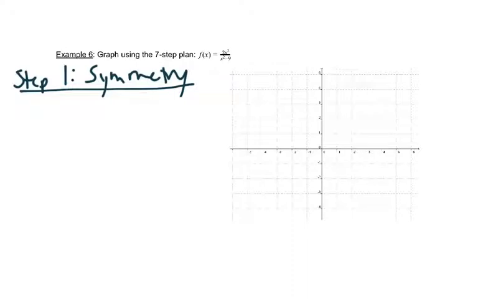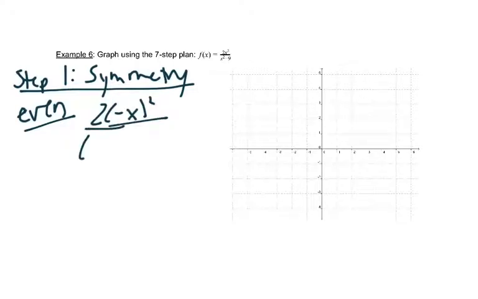Okay, so remember that step 1 is about symmetry. So let's practice this again. Remember, for even symmetry, we replace f of x, or x, with negative x. And then we simplify.